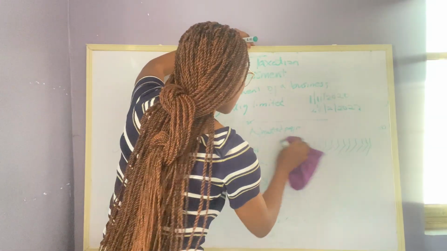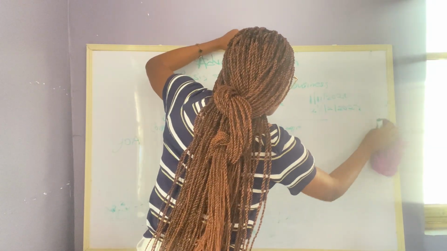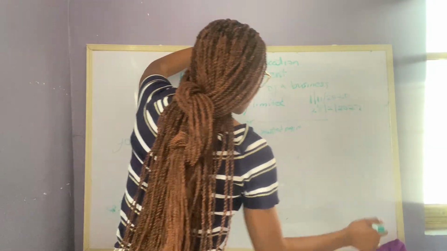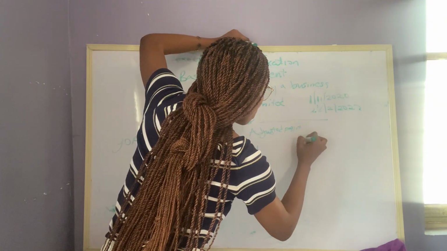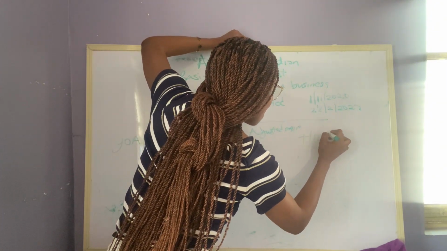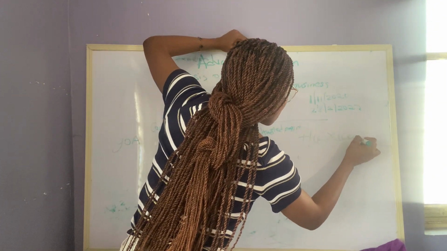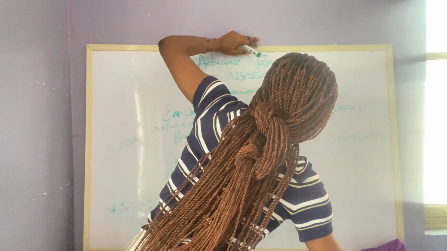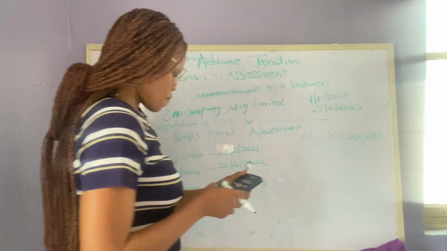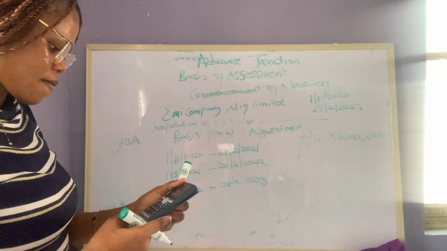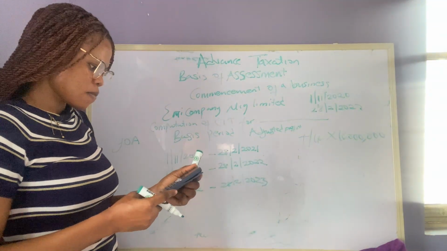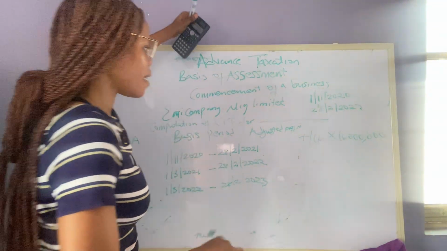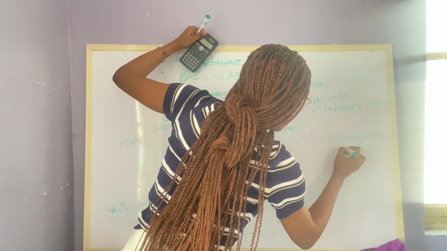So we now say 4 months, that's 4 over 16 times 16 million, right? It's going to give us 4 million naira.